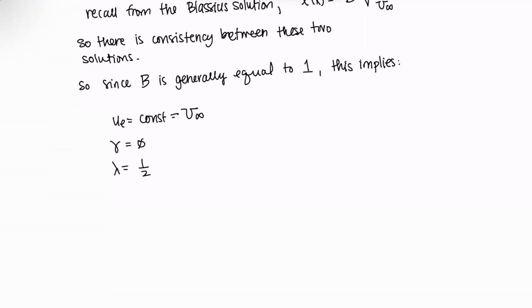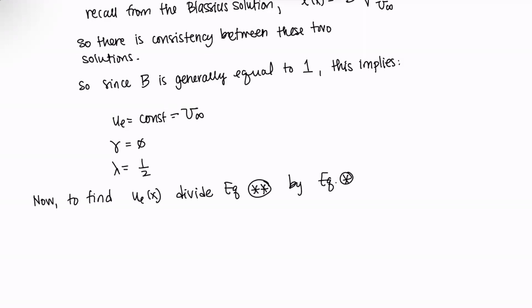Now we want to find UE of X. What we will do is we will divide equation star star by equation star. Okay.